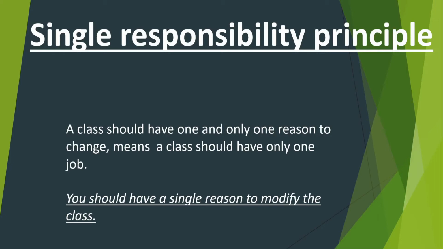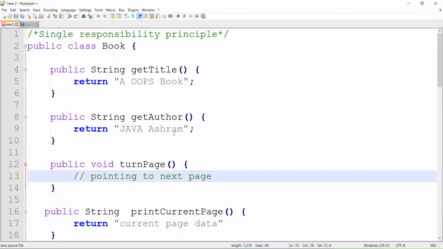If there is more than one reason to change the class, that means you are breaking the rules of the SOLID design principles. So always keep in mind a class should have a single reason to modify. Let's see the example.